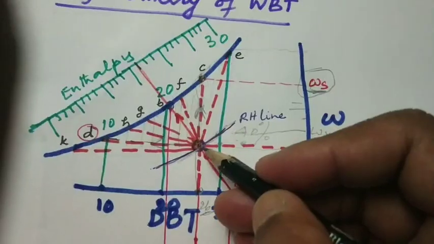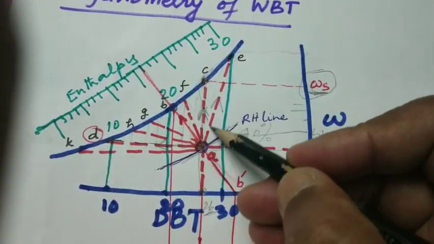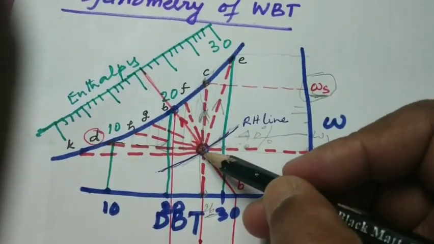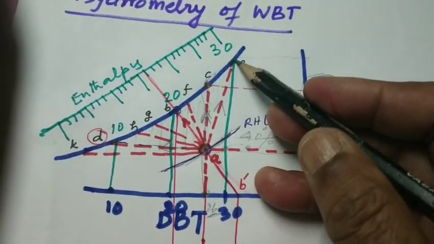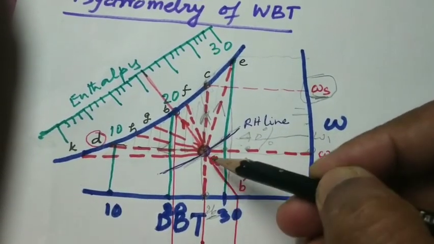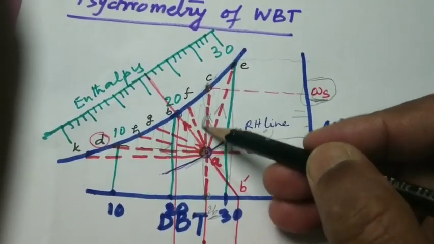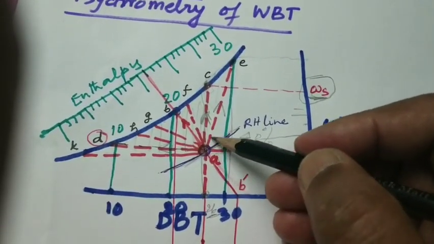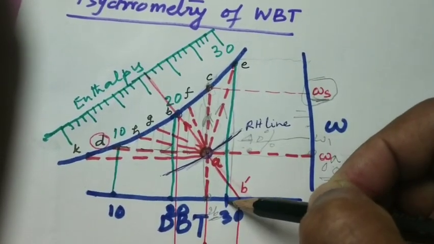But if you take the AE process, you can approach saturation by even increasing the dry bulb. The dry bulb temperature at E is 30 degrees centigrade. So if we go by the AE process, we are not keeping the temperature at 26, but we are also allowed to increase the temperature, which in this case is 30 degrees centigrade.